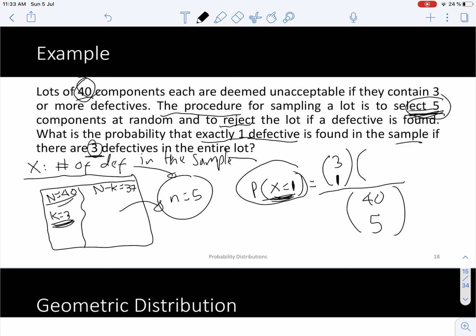And now from the remaining products in the whole batch, that's 37. Those 37, remember, are not defective. There are 3 defective, but the 37 are not defective. We take the remaining products that are in our sample. So if we're taking 5 in total and x is equal to 1, so 1 defective, then here we're taking 4 that are not defective.